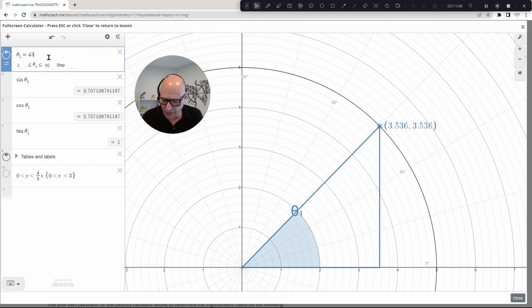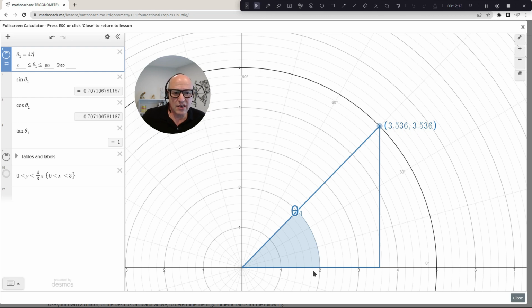Okay, let's move it up. Let's go up to 45 degrees. At 45 degrees, well, we've got a bit of a special triangle. We've got a 90 and 45 degrees for theta. Well, this must be 45 as well, which means these sides are equal, reflected in our coordinate pair here. So this height, or this opposite side, is 3.536.